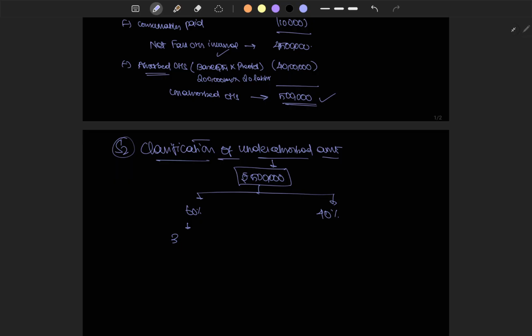So out of 5 lakhs, 3 lakh rupees is the 60% defective amount and 40% is natural cost. Okay, so this defective is to be booked as a loss in the books of accounts.